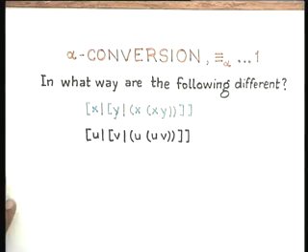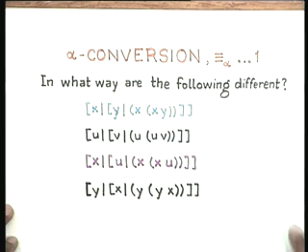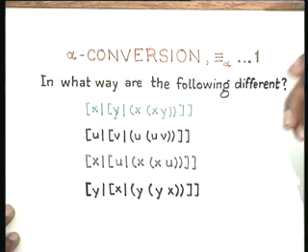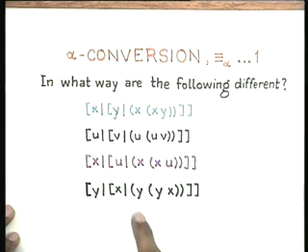So if you look at these terms, in what way are the following different? I have taken the definition of twice, and what I have done is I have just done various kinds of replacements.